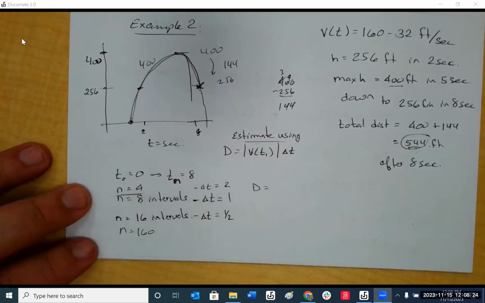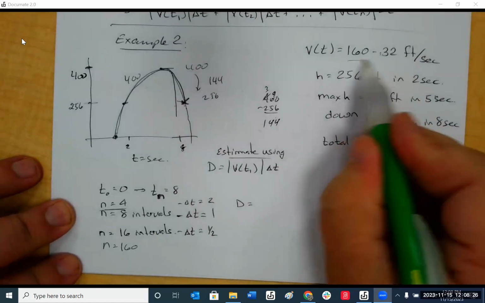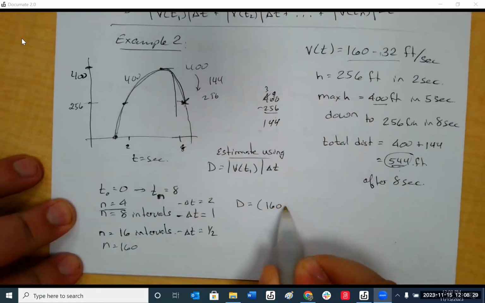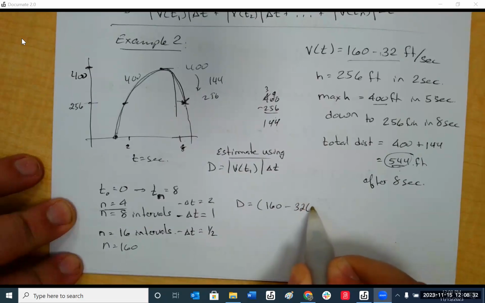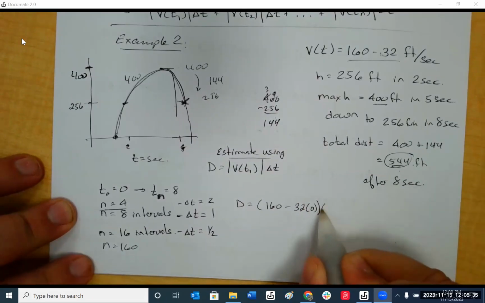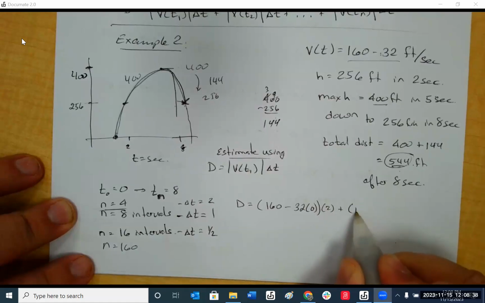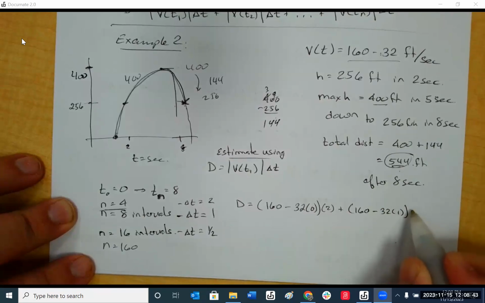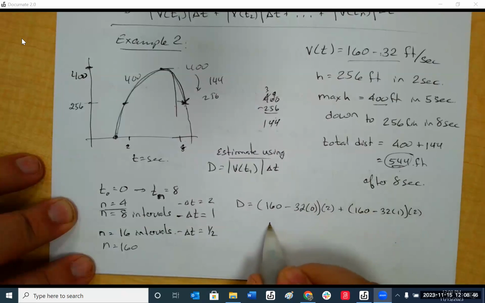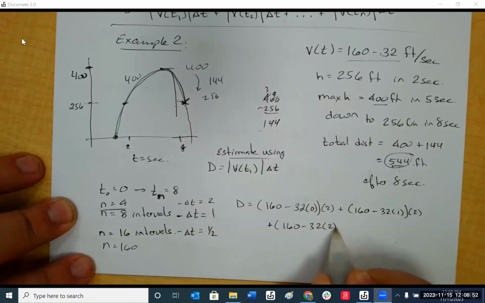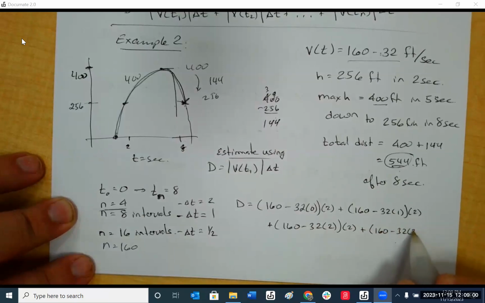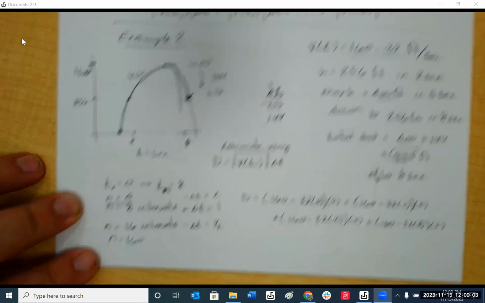We're going to do 4 intervals, because we have to plug in our values of 160 minus 32 times 0 times 2, 160 minus 32 times 1 times 2, 160 minus 32 times 2 times 2, and then our last one is 160 minus 32 times 3 times 2.